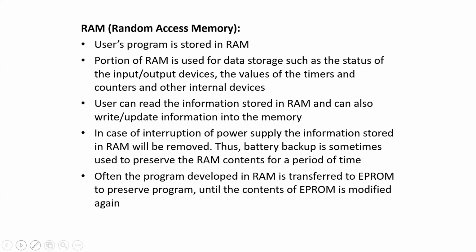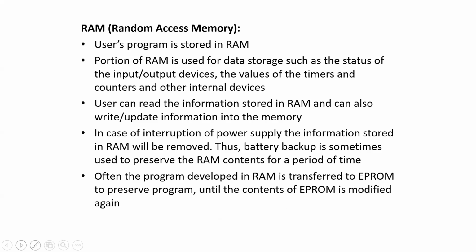Okay, so the random access memory is the portion of the memory that is accessible by the operator or the user in order to read or write information. It is also divided into several segments.